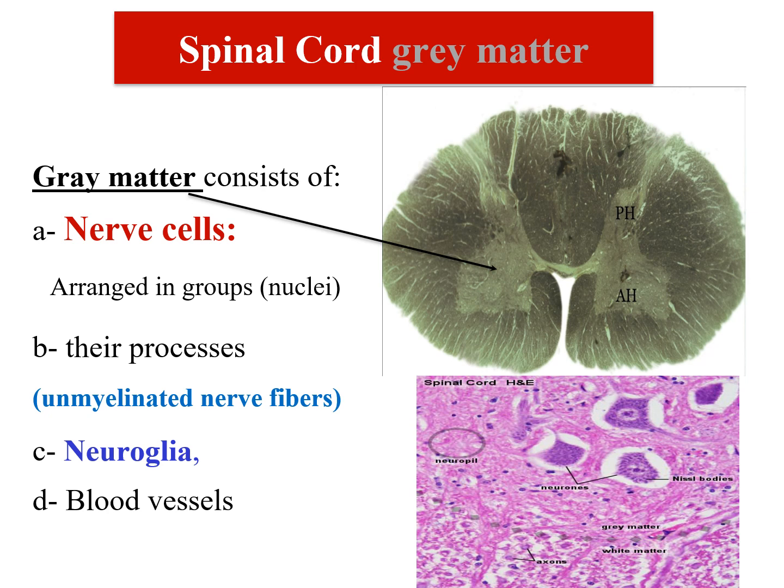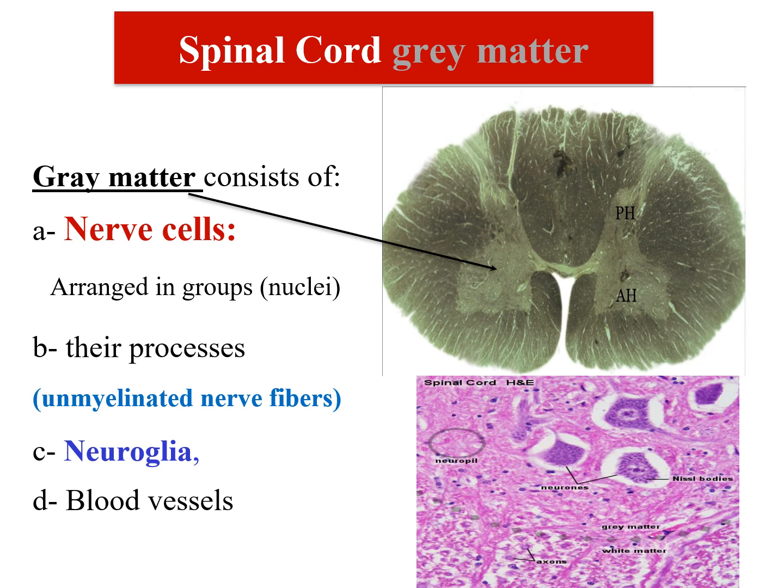Here we can see an H&E stained section: the neurons, which are star-shaped or irregular in shape, with nuclei inside, surrounded by neuropil.